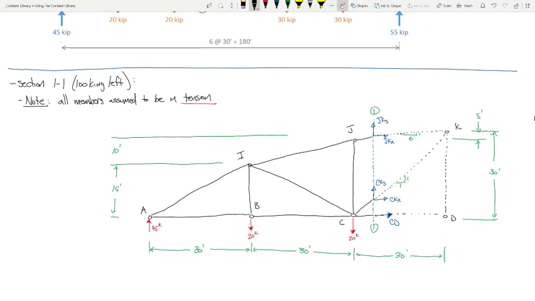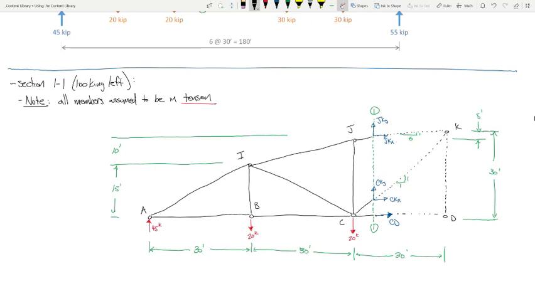So we could sum moments at B if we wanted, but that wouldn't create a friendly equation to solve, because we've got a bunch of unknowns and they're not intersecting at that point. So what I'm asking is, if we are going to apply the summation of moments, where should we sum moments?